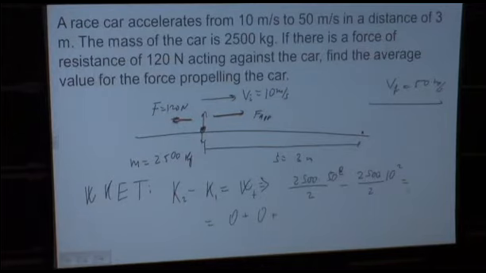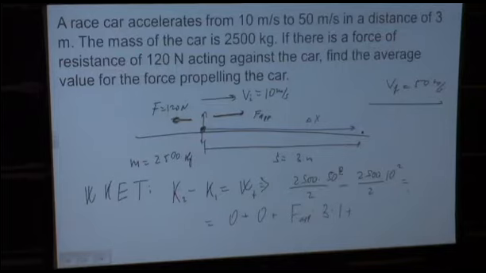Because it's a constant force, we can apply the original equation for the work done by the constant force. Magnitude of the force times distance traveled times cosine of the angle. Well, between the force and the displacement, delta x. They both parallel. The angle is 0, cosine of 0 is 1.